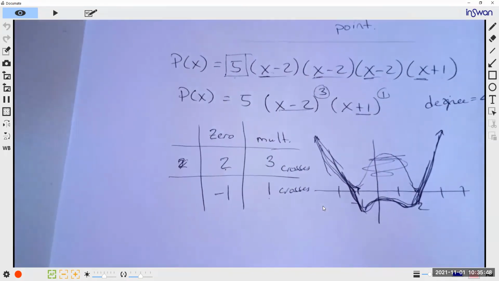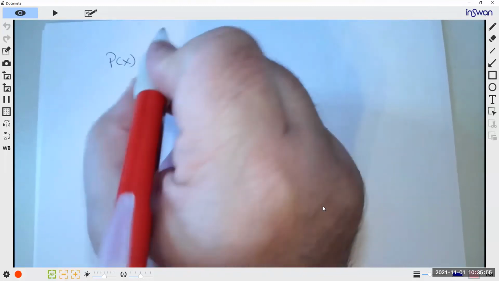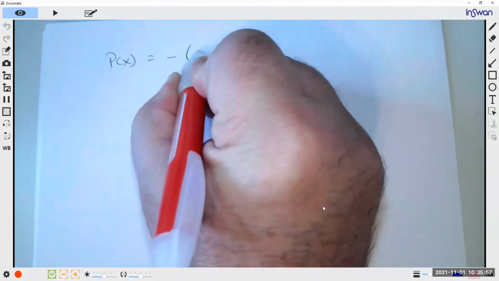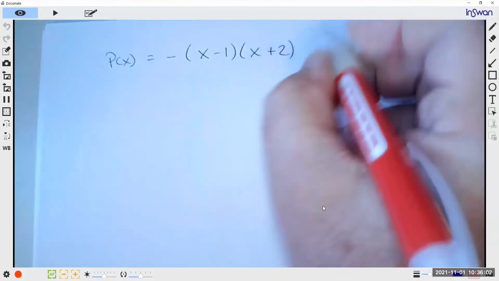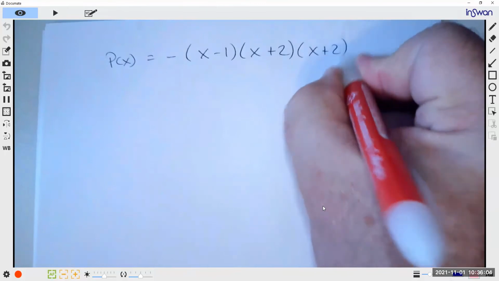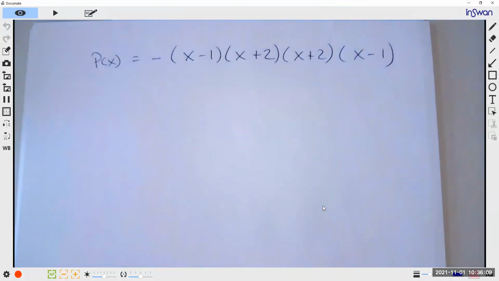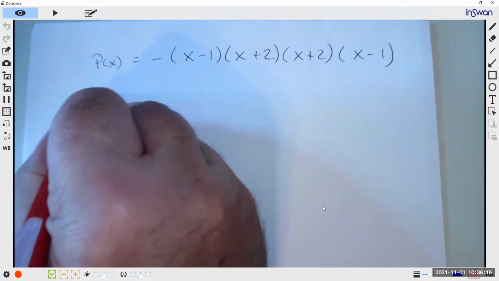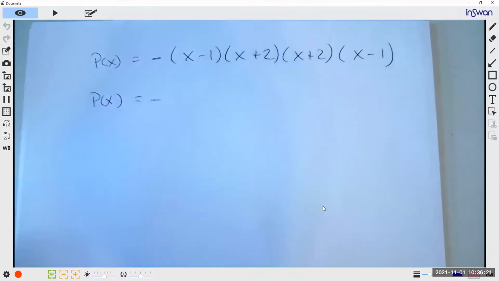Let's look at another example. So the first thing you do, the leading term is negative.